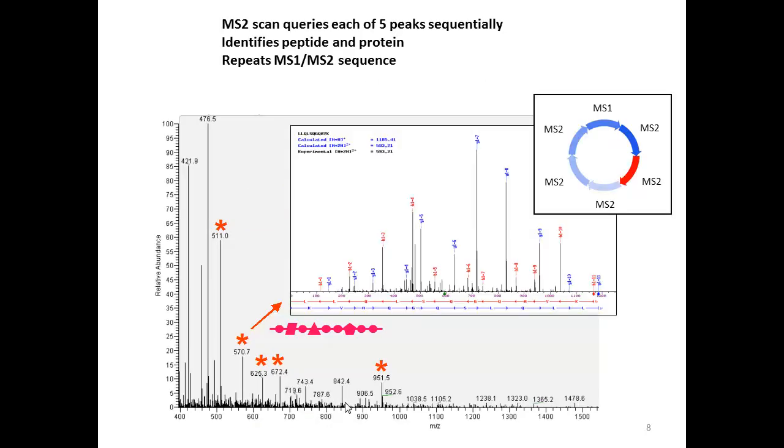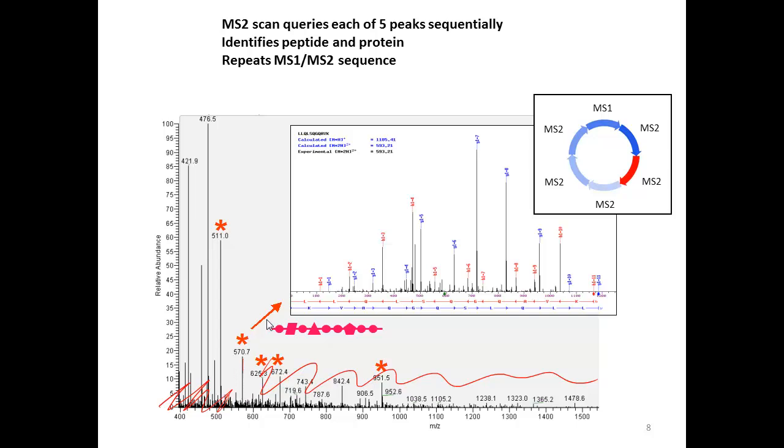But for the MS2, we're going to take all this material that's coming off the column at a particular instant, and we're going to throw away most of these ions. We're going to apply fields such that these orbits are unstable. They're going to smash against the inside of the walls of the mass spectrometer. Only the ion with a mass of around 571 will have a stable orbit.